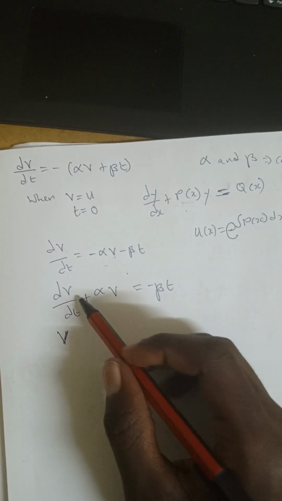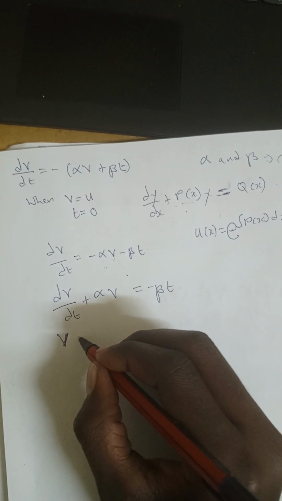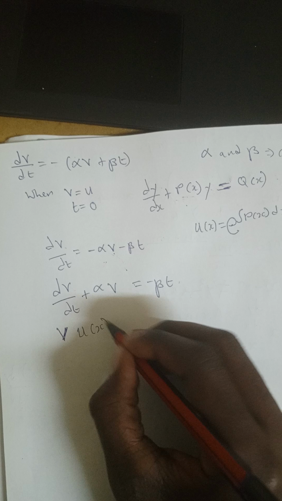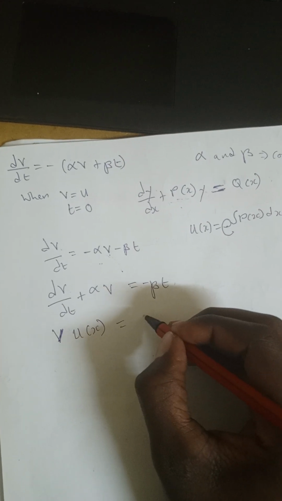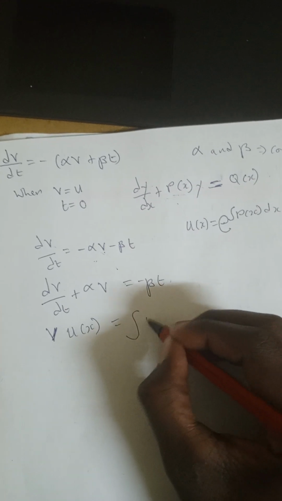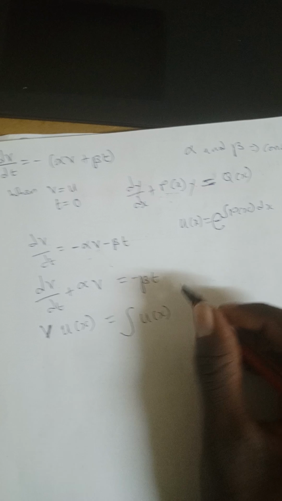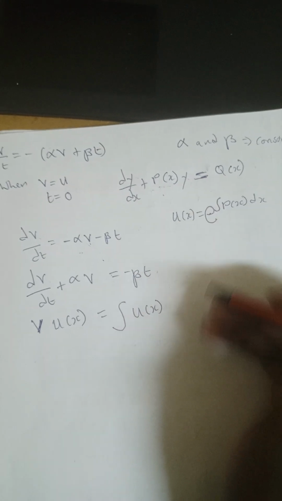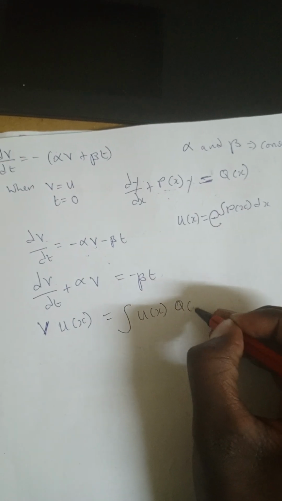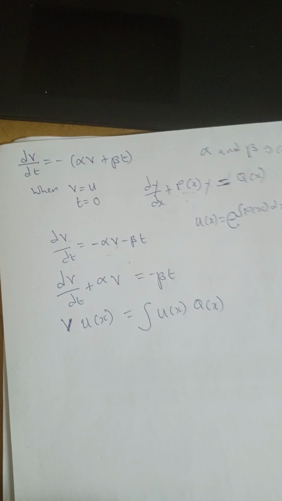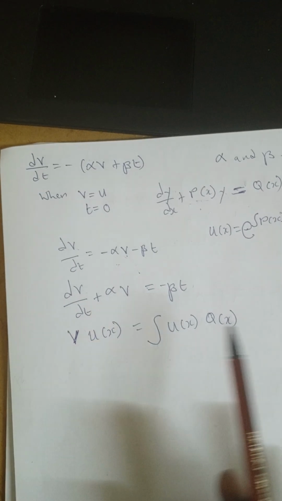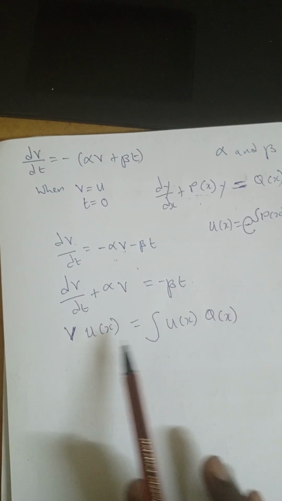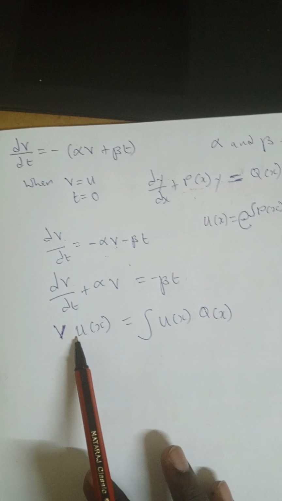So we're going to multiply our main function with the integrating factor, and we're going to equate it to the integral of the integrating factor multiplied by q(x). This is how we're going to find our solution using this.